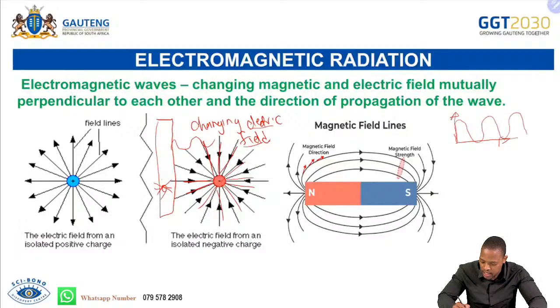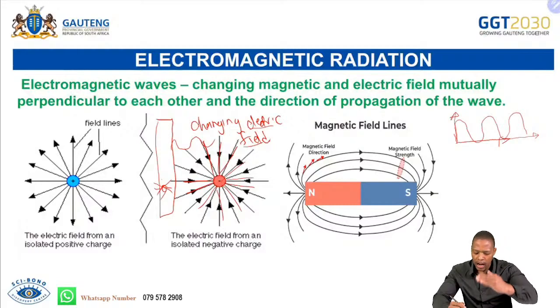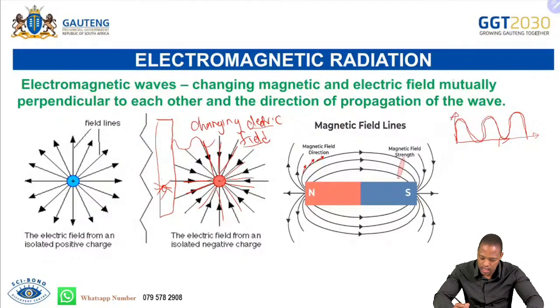Let's say this is the direction of propagation, and the particles are vibrating up and down, as we explained in grade 11. Therefore, the movement of the particle is perpendicular to the direction of propagation. So for now, what is propagating is the changing electric field.